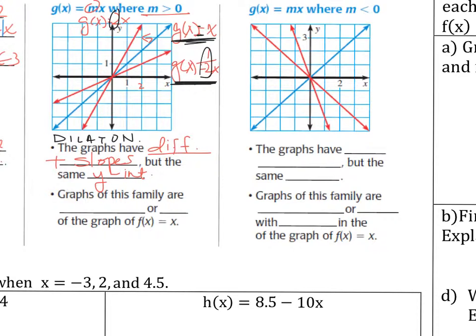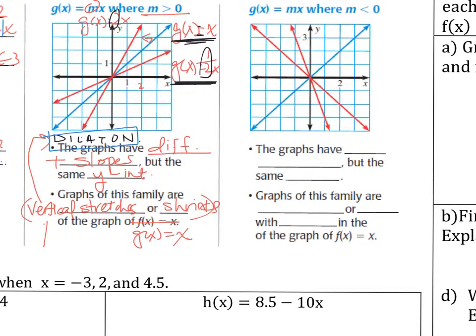Graphs of this family are what we call vertical stretches or shrinks of the graph g of x equal to x. So you could simply say vertical stretches or shrinks as dilation when you're describing how the graph has changed compared to the given parent graph.